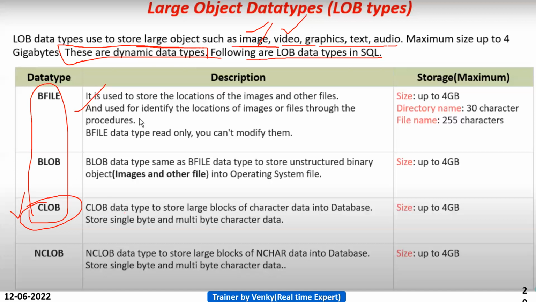So the CLOB data type is used to store large blocks of character data in the database. I mean, it's more than 4,000 bytes of data.